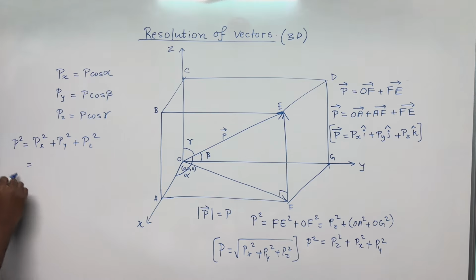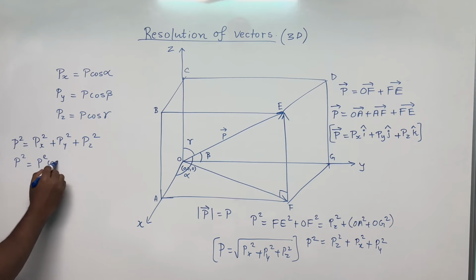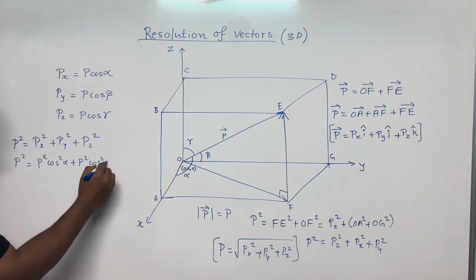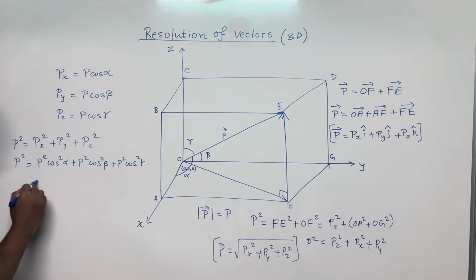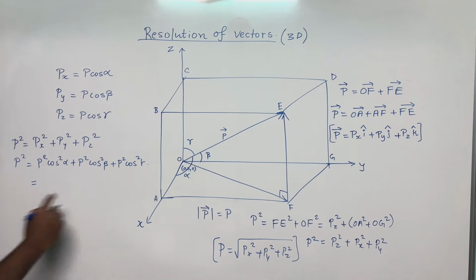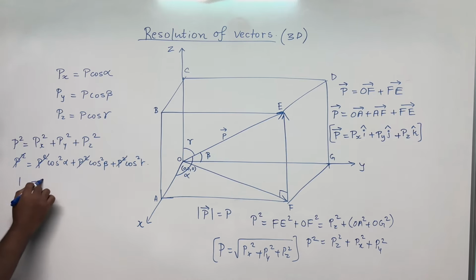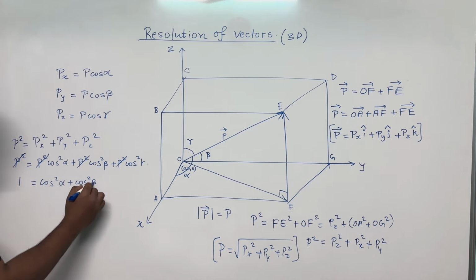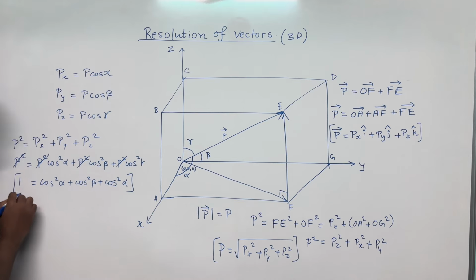Px is P cos alpha, so I can write P square cos square alpha plus P square cos square beta plus P square cos square gamma. Now I can divide both sides by P square, so it will cancel, and this will be 1 equal to cos square alpha plus cos square beta plus cos square gamma. So this is the relationship between the direction cosines of the vector.